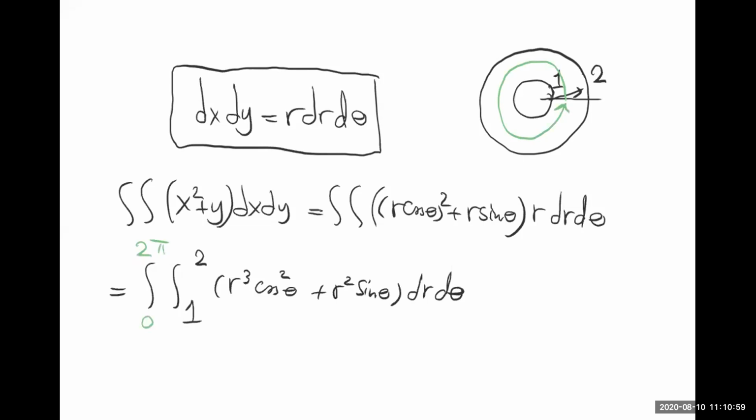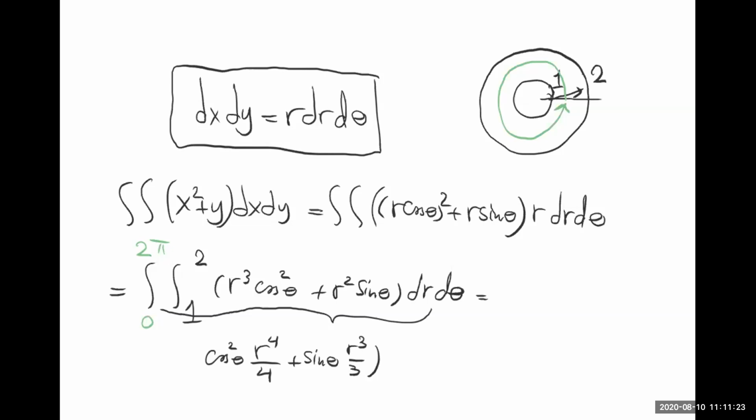So I should compute the integral with respect to r first. I would assume theta is a constant. I take the integral with respect to r. It would be r to the 4 over 4. I should put these values in that.